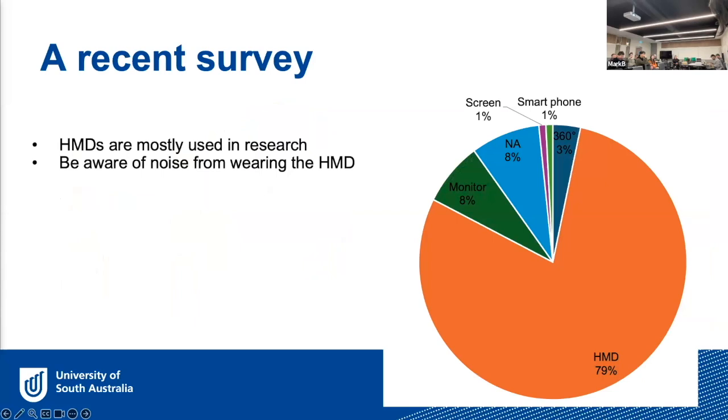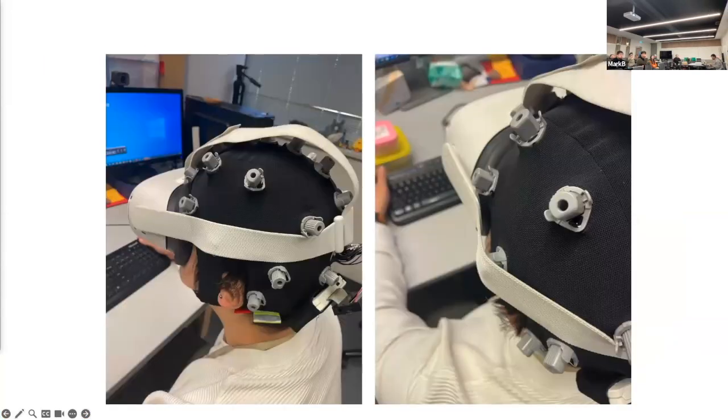And also regarding the display devices, mostly now we are using HMDs, but when you are trying to measure EEG with an HMD, as you can see, we cannot avoid this kind of situation.